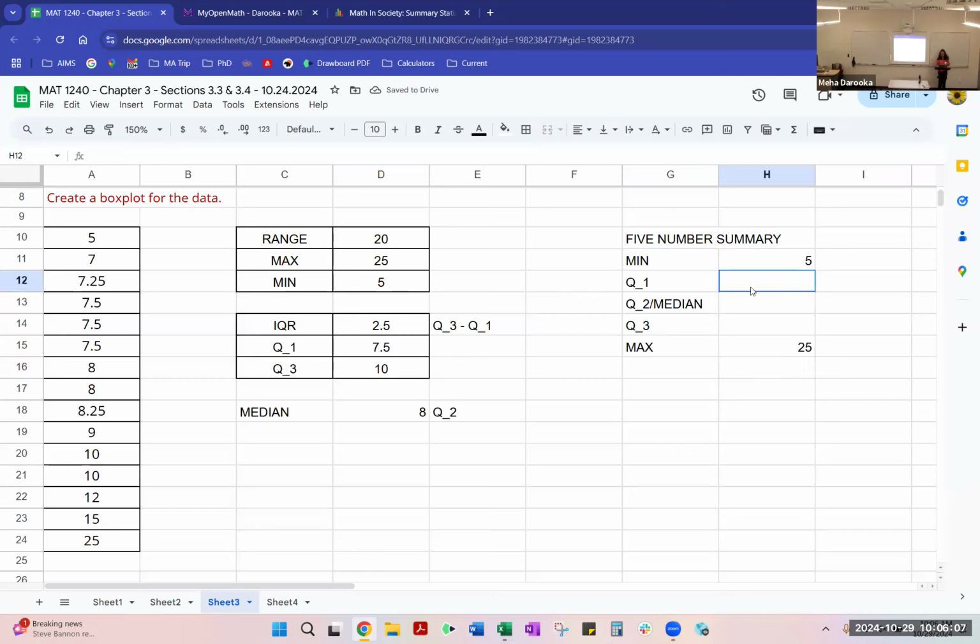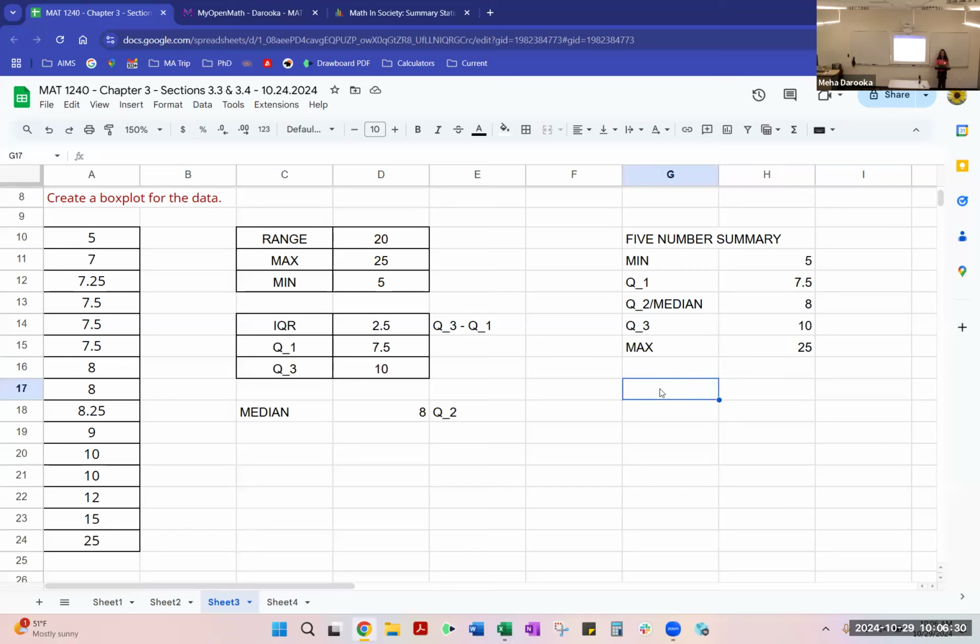And then we just got done doing quartile 1, which came out to be 7.5. Quartile 2 was the median for the entire set, which of course was 8. And then quartile 3 was the 10. So we actually already did all 5 of those calculations, or identified what those values were when we calculated the range and the interquartile range.